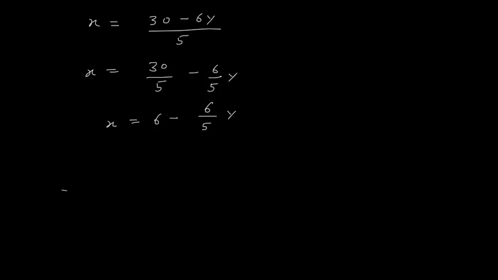Now let us find a few solutions. So when I take y as 0, I will get x as 6. When I take y as 5, this 5 will cancel, 6 minus 6, I will get x as 0.